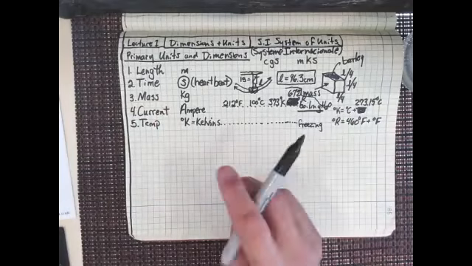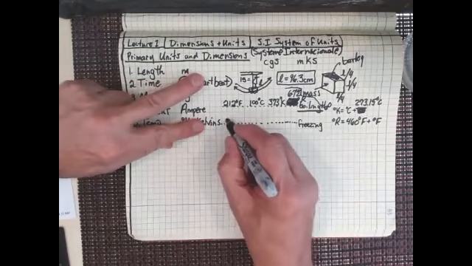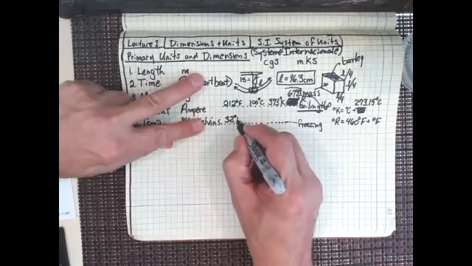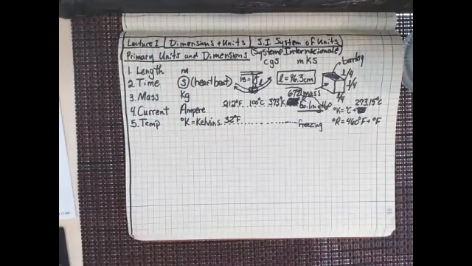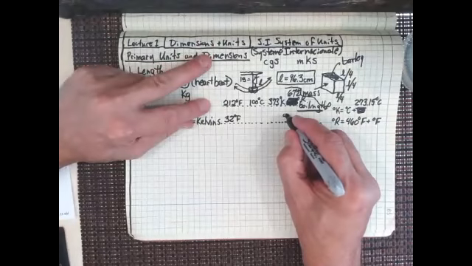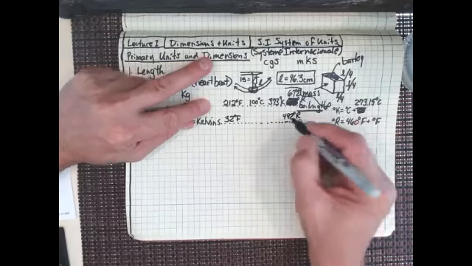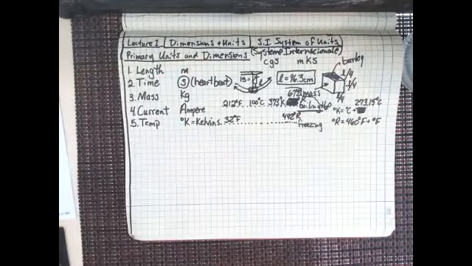So for Fahrenheit, the freezing temperature of water is going to be 32 degrees Fahrenheit. Does everyone see that? And since we know it's 460 degrees, if we wanted to find out the degrees Rankine from the degrees Fahrenheit, it would just be 492. So we can do that, 492 degrees Rankine, right? Does everyone see that?